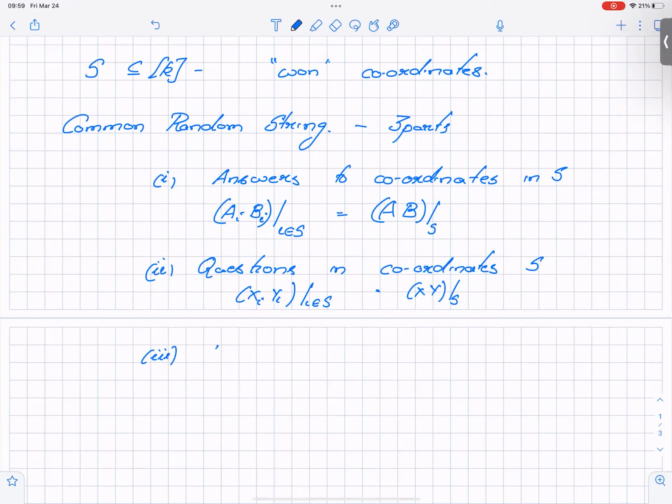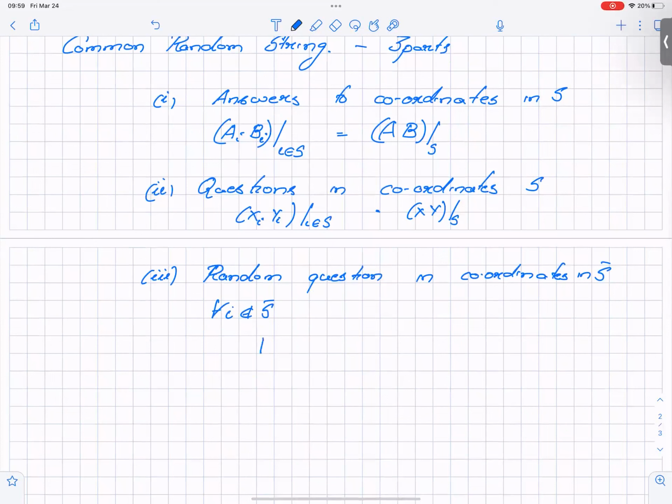Then the random questions for the coordinates in S complement. In particular, we define this for all i not in S.